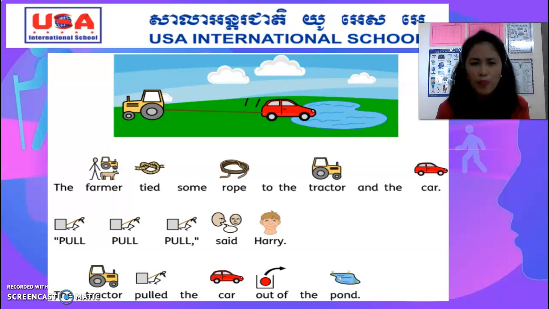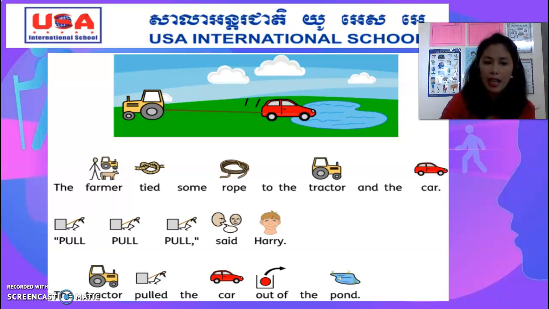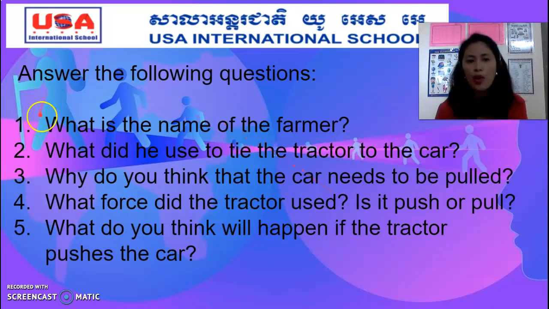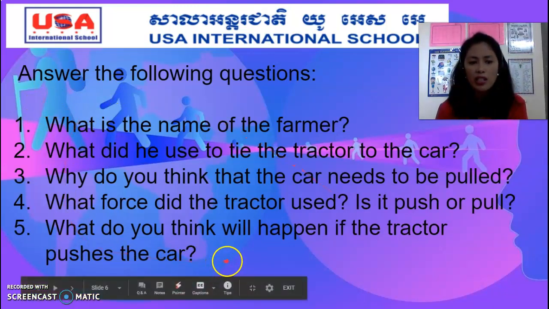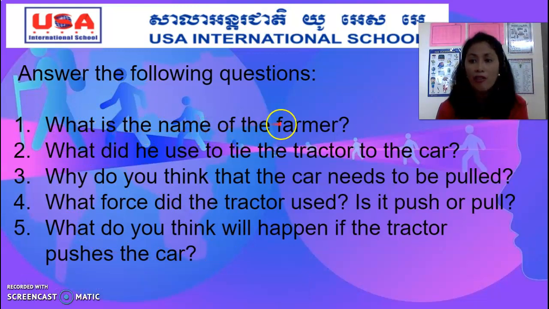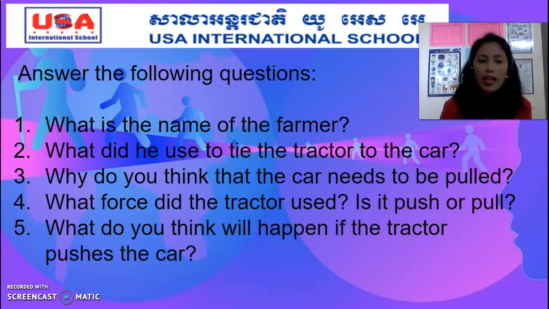Very good. For your assignment, you are going to answer these 5 questions. Number 1, what is the name of the farmer? You are going to write it in your notebook, or you can type directly. You can message me your answer.